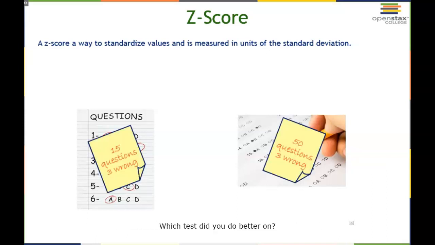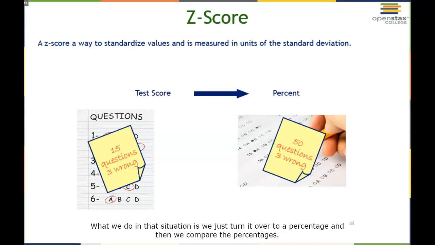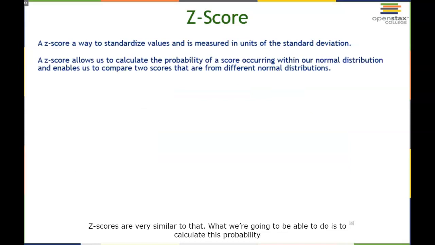Which test did you do better on? If you just go by the number that you missed, then you did the same on each test. But they're not the same. A 3 when your question count is 15 is not the same as a 3 when your question count is 50. What we do in that situation is turn it into a percentage, and then we compare the percentages. Z-scores are very similar to that.